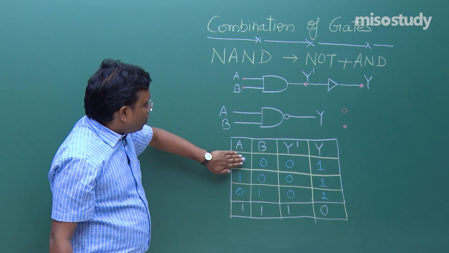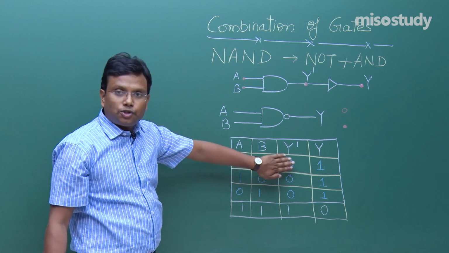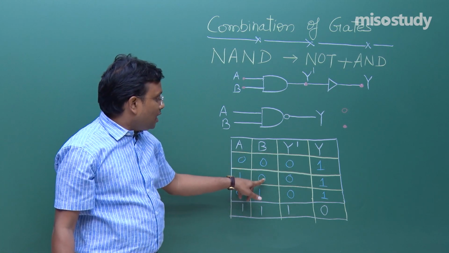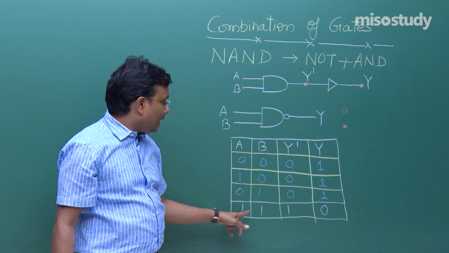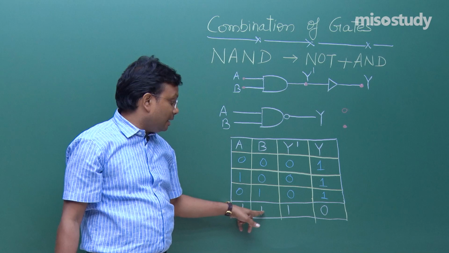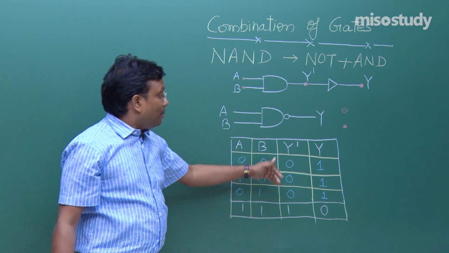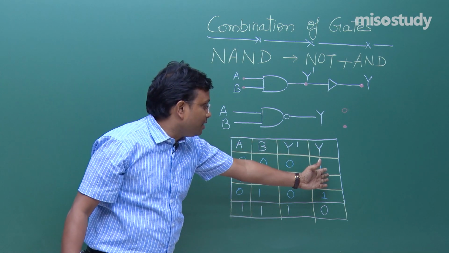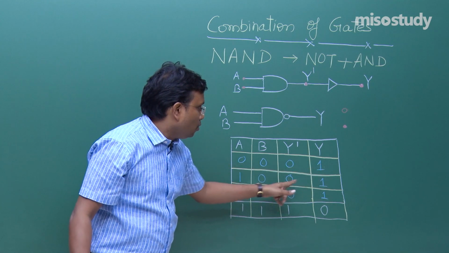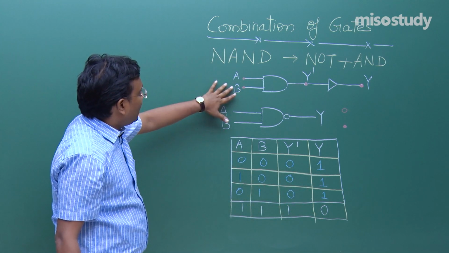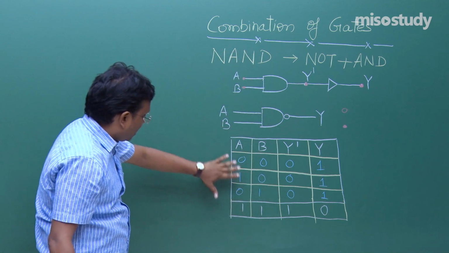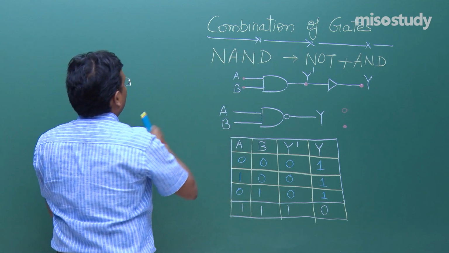So low, low should be low, 1 high, 1 low, low, 1 low, 1 high, low, only high and high multiplied will give you high. But the reverse of this should be here: low, high, low, high, low, high, high, low, fine. So this is the NAND gate, this is the symbolic representation, and this is the truth table.